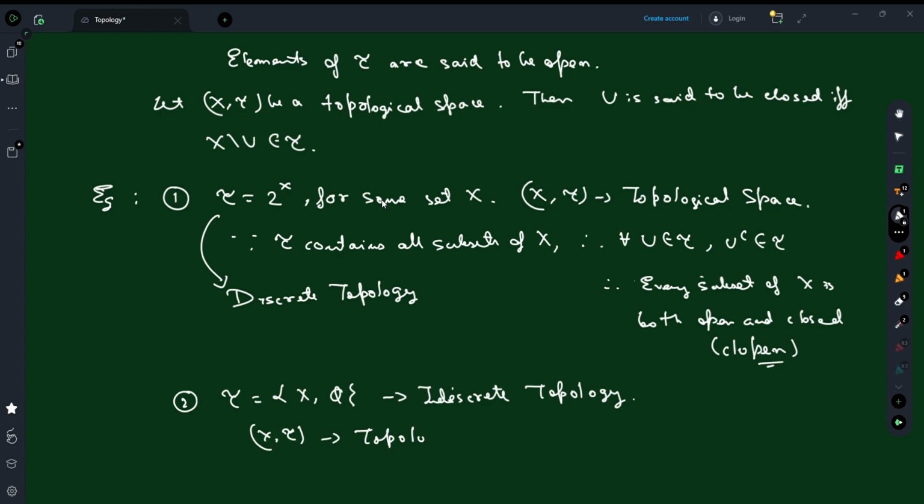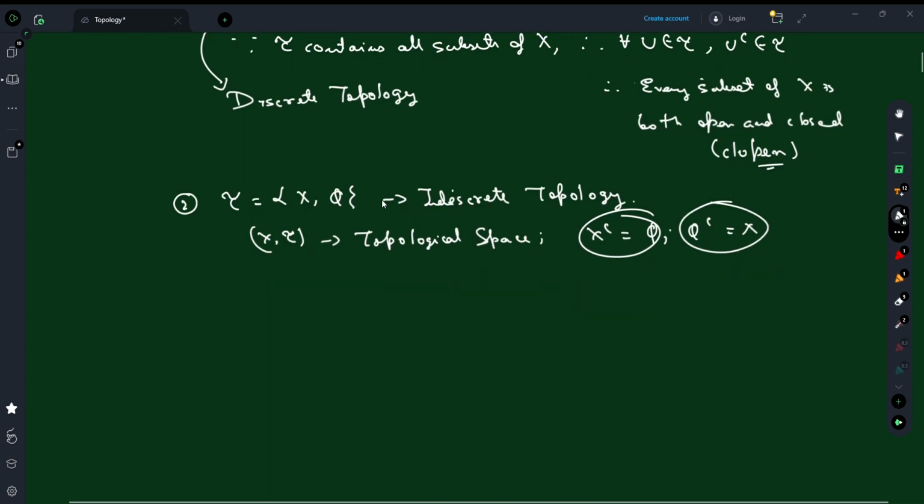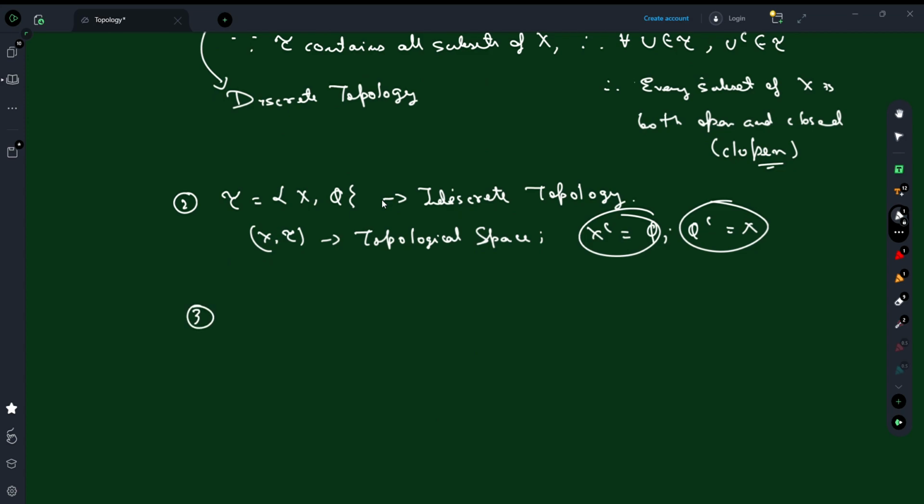The only open sets are X and the null set itself. So the only closed sets: X complement is the empty set, and the empty set complement is X. So the only closed sets are also the whole space and the empty set, right?